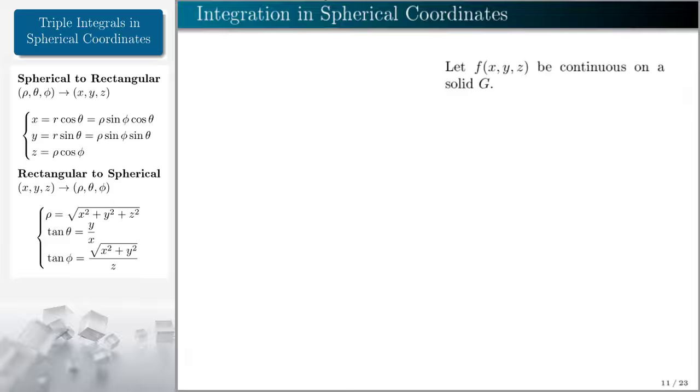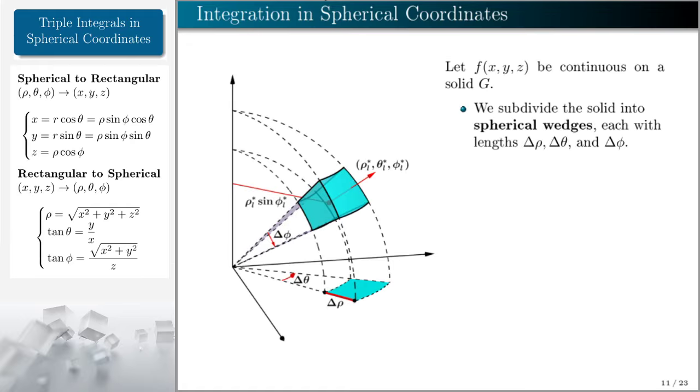In the rectangular case, we partitioned it into rectangular boxes. In the cylindrical, into wedges. In our case, in the spherical coordinates, we're going to divide it into what we call a spherical wedge. A spherical wedge is like a rectangular box. However, instead of being measured by a delta x, delta y, and delta z, it will be measured by the following.